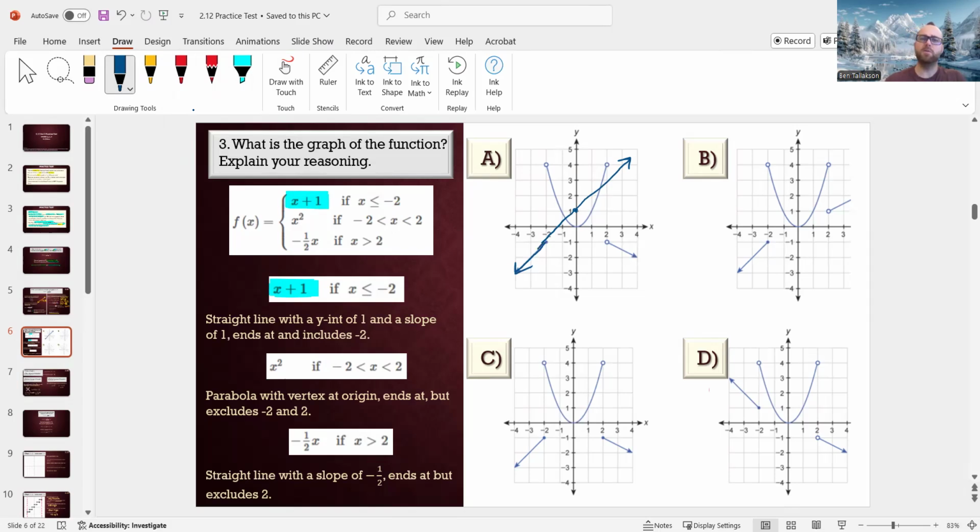Well, that would be if there was no rule, but there is, right? We're saying the rule is if x is less than or equal to -2. So let me explain how I like to think of this. I like to think of this as the line x plus 1 exists only where you have x values less than or equal to -2.